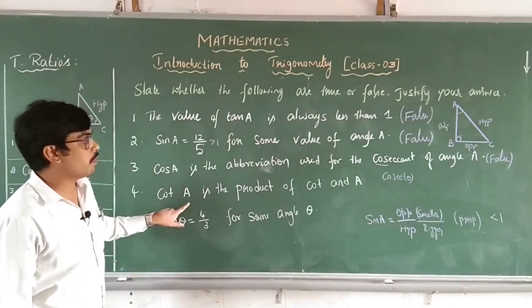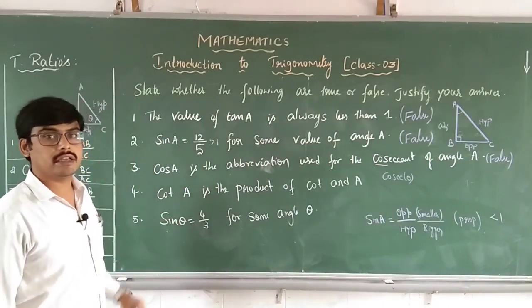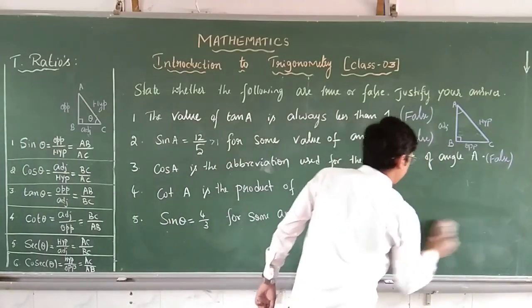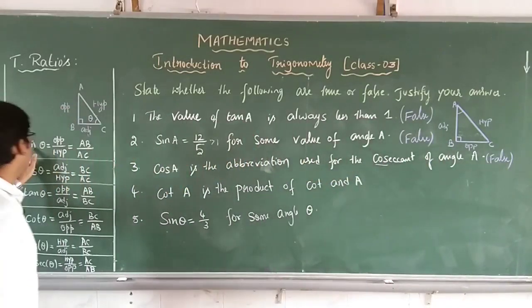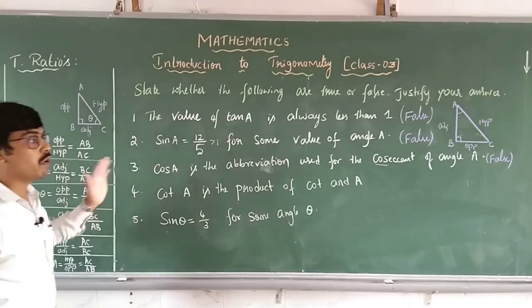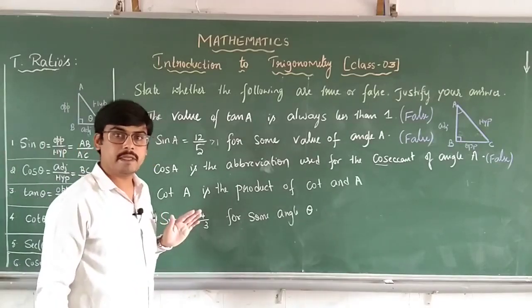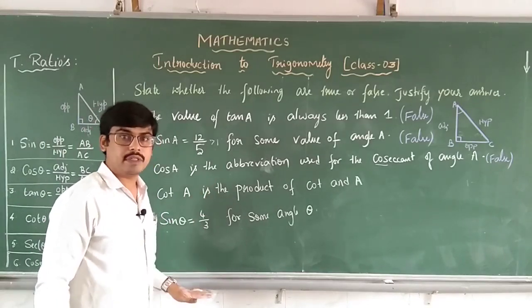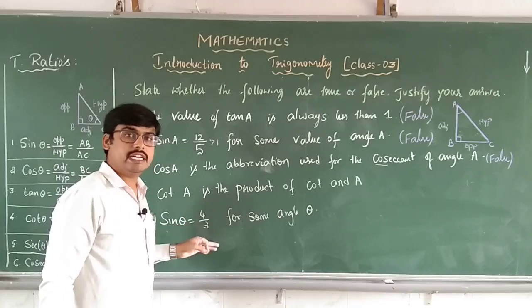Now, cot A is the product of cot and A. Just as I wrote sin A here, it is not the product of the letters s, i, n and theta. We are defining the sine of the angle with respect to theta. It is not the product of cot and A. It is cot of an angle A. We are defining cotangent for an angle.